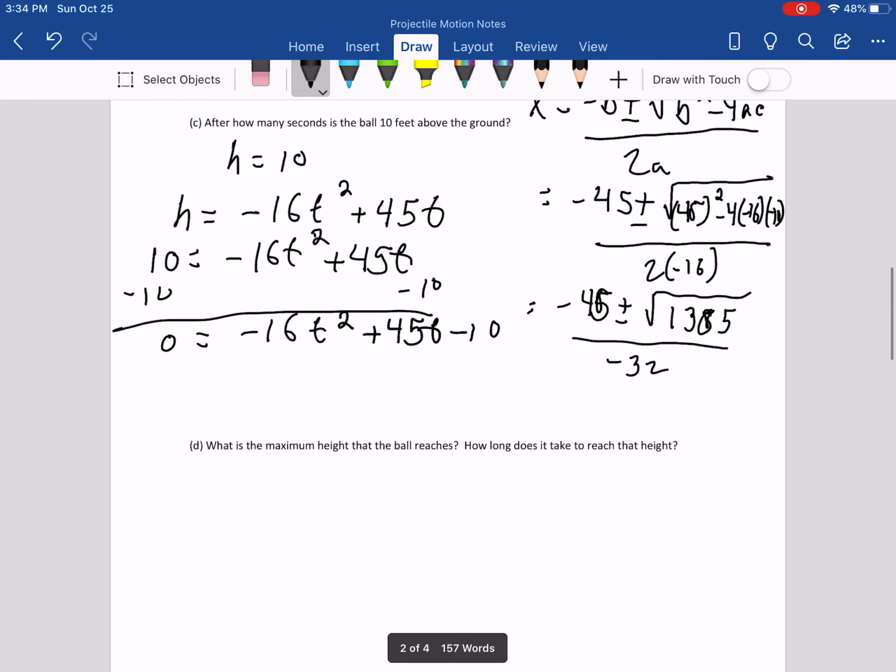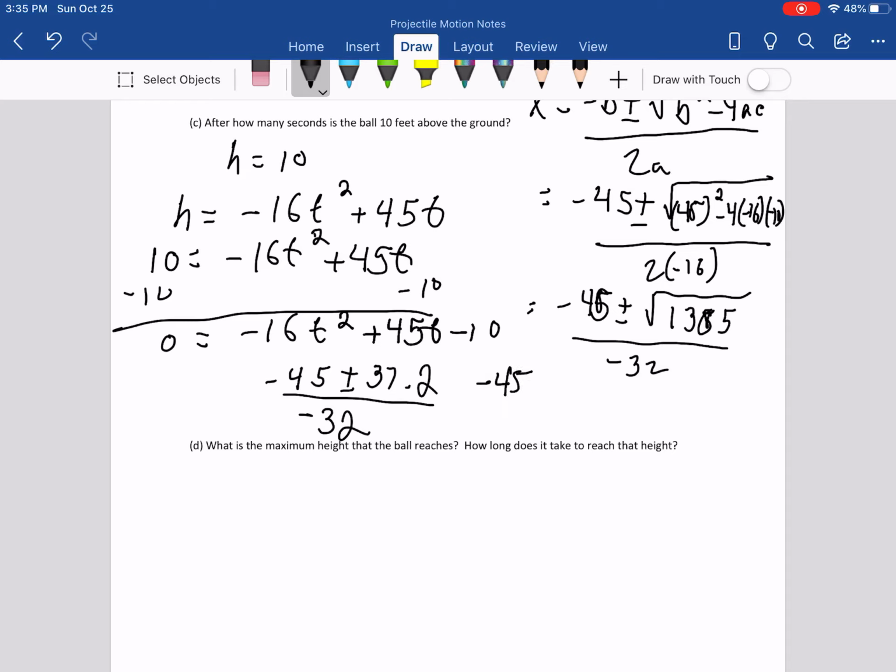So that's negative 45 plus or minus square root of 1385 is 37.2 over negative 32, and we'll break it apart. That means negative 45 plus 37.2 over negative 32, comma, negative 45 minus 37.2 over negative 32.